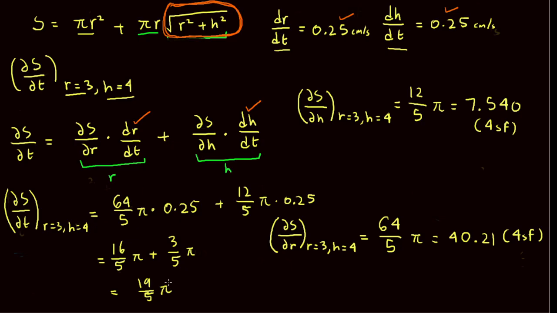Just to double check here, 16 over 5 plus 3 over 5, 19 over 5. So 19 over 5 pi, and if you wrote it again with decimals, it should be 11.94. So 11.94 cm square per time, because it's the surface area per time. So this is basically the rate of change, your del S del T at R is 3 and H is 4.